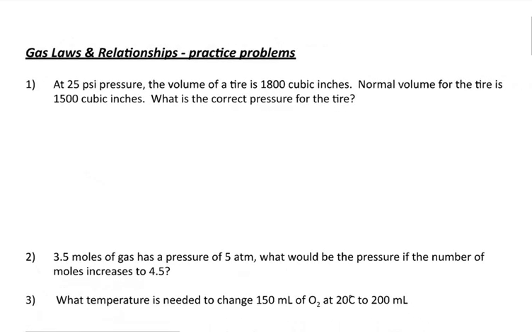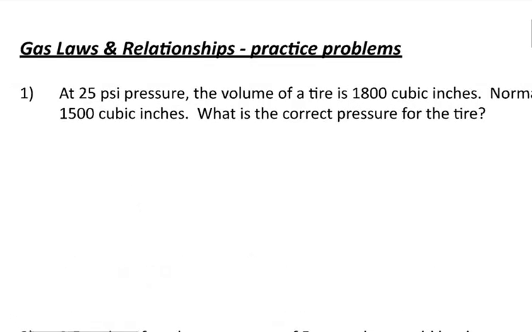What I would encourage you to do as you tackle these problems is notice there's a lot of numbers in some of these problems, and then it's asking you for something as well. I would go through and sort of label them so that I keep track of what's what. So here in number 1, it's telling me that I have a pressure, 25 PSI of pressure. I know that's a pressure. At 25 PSI, that's my first pressure, so I'm going to call that P1. The volume of the tire is 1,800 cubic inches. Well, that's the volume at the beginning.